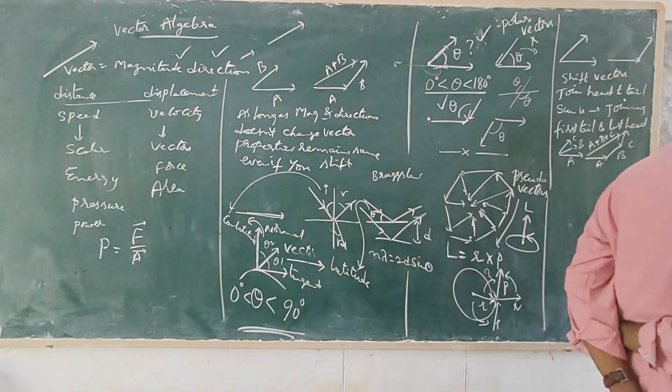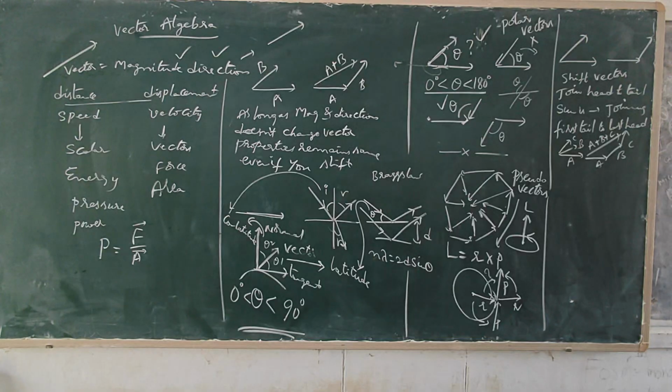Same if you want to subtract the vectors. Let's say you want a minus b. You have to flip the second vector, b. So this is minus b.